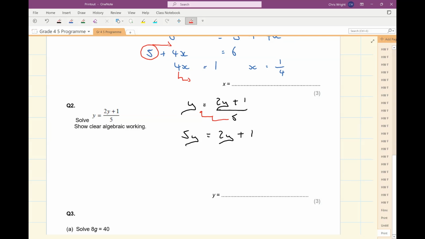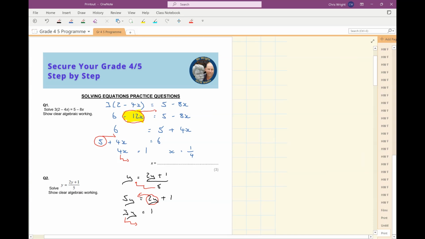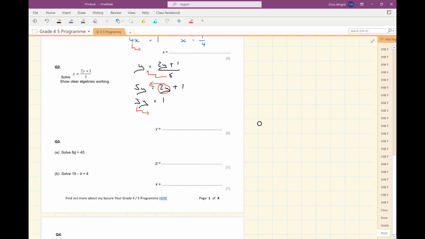Now, which side has the fewest y's and float and ping them? Let's float and ping those 2 y's. So 5y minus 2y, 3y equals 1. Escalate down the 3, y equals 1 over 3.